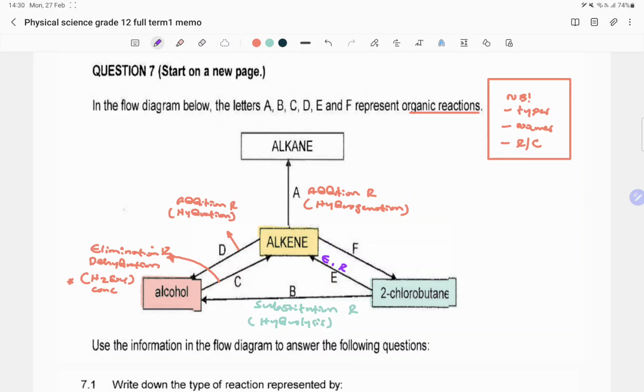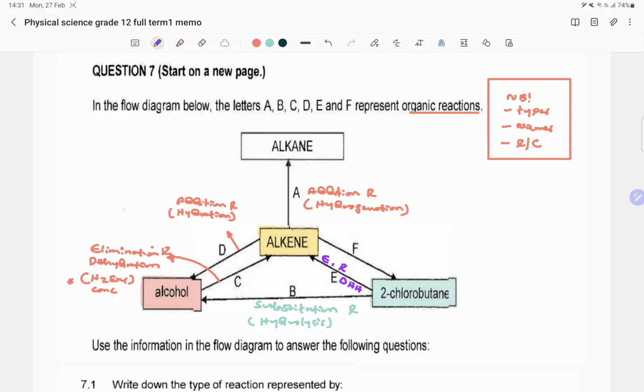We're removing the hydrogen halide. So we can call it DHH, dehydrohalogenation. I'm just trying to save time. Again, remember the conditions you need for this. You need a concentrated strong base. You need to treat this with alcohol as a solvent, and you need mild heat as well.